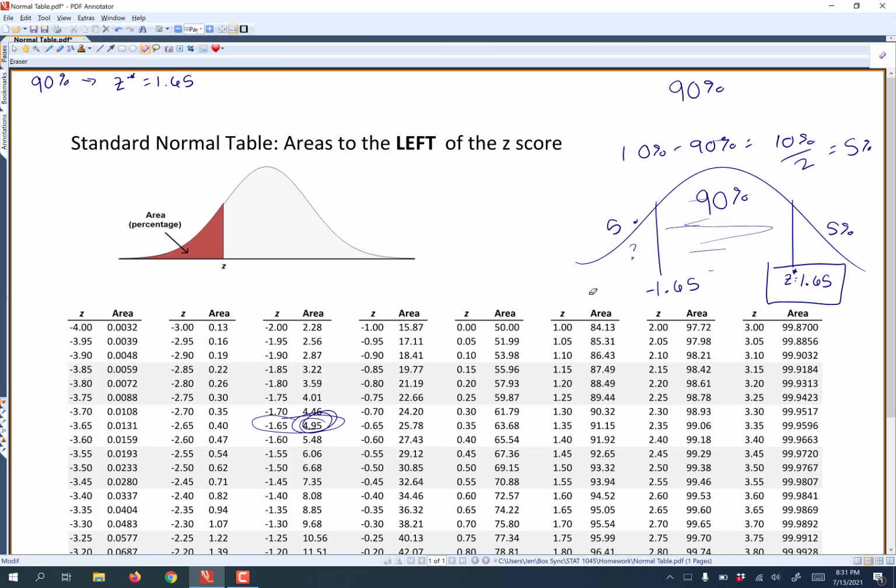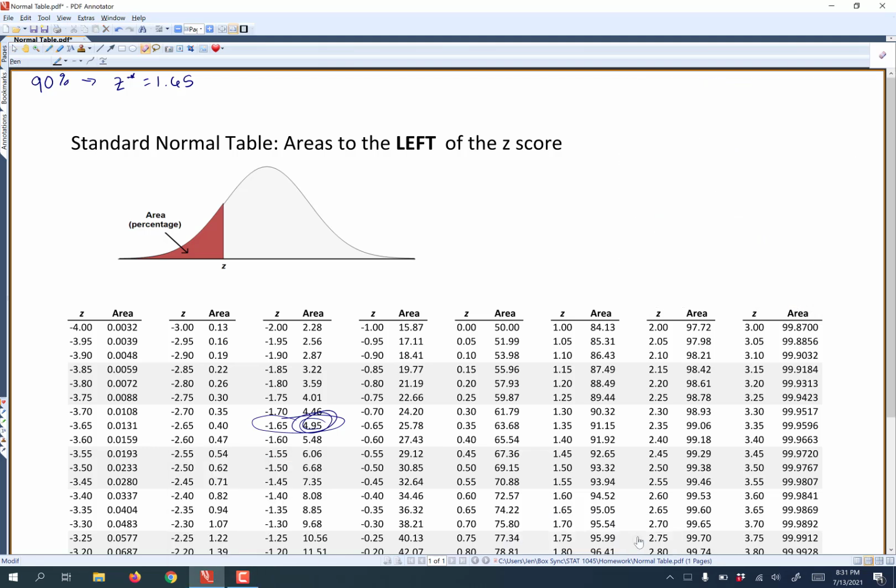Okay, so we tried that. Let's try something else, like 99%. So let's say we want to do a 99% confidence interval. So we need 99% in the middle. How much is that going to leave for each tail?